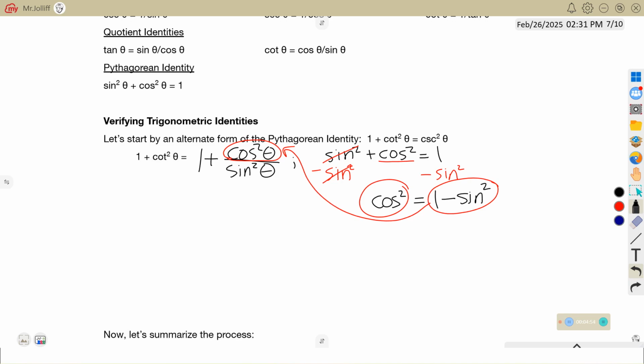So we rewrite. I have a 1, he comes down. I have a plus, he comes down. I have a fraction with sine squared on the bottom, that comes down. The only change is the numerator. Instead of cos squared, I'm replacing it with something equal to cos squared: 1 minus sine squared theta.